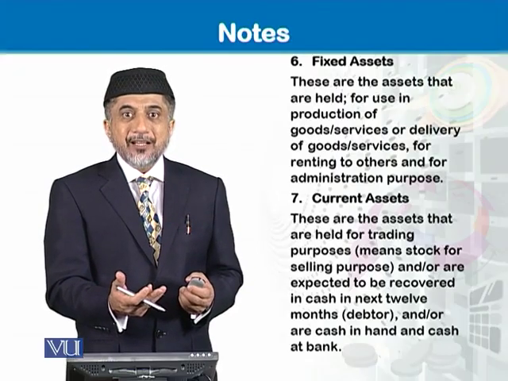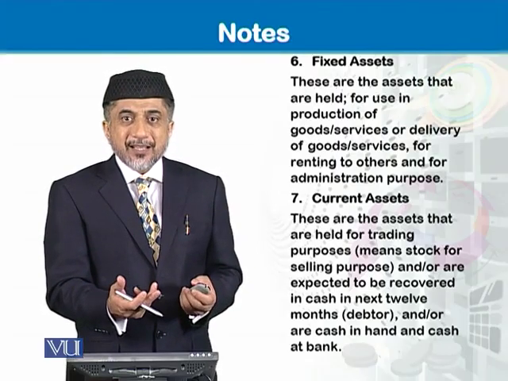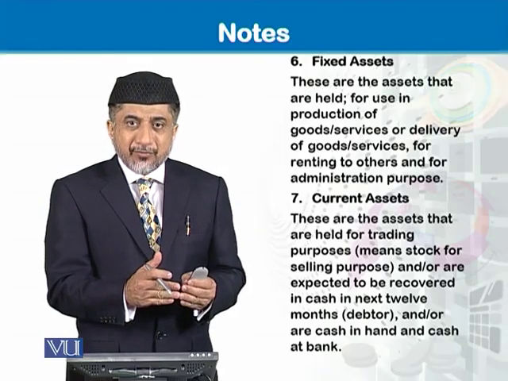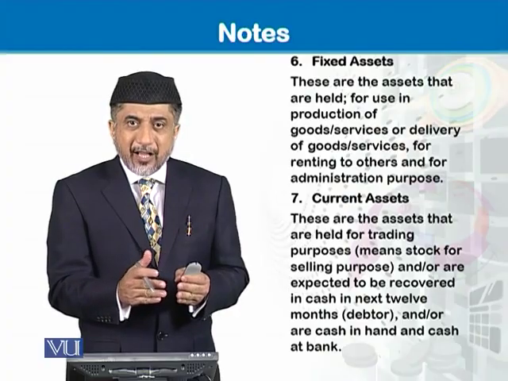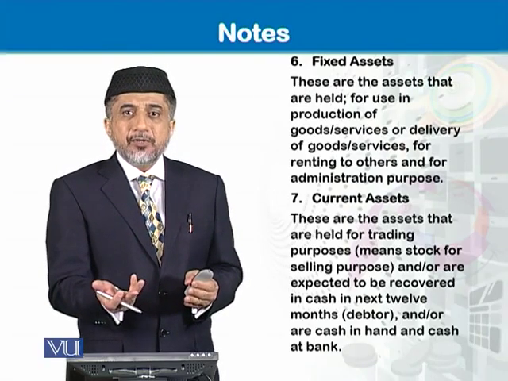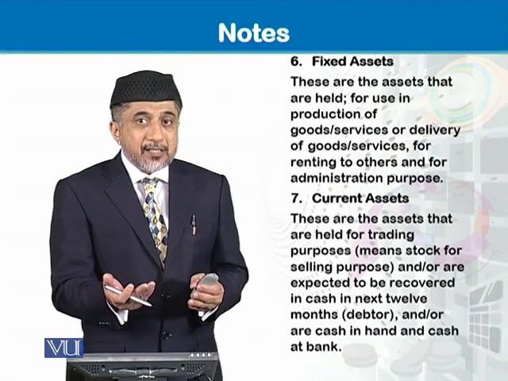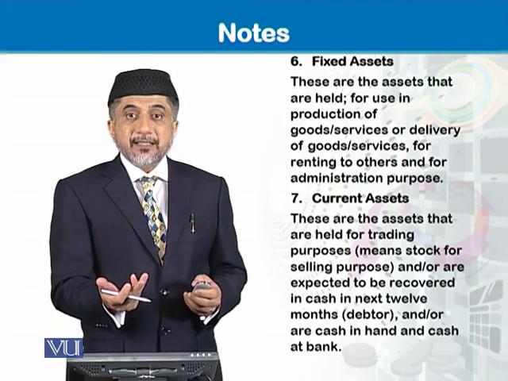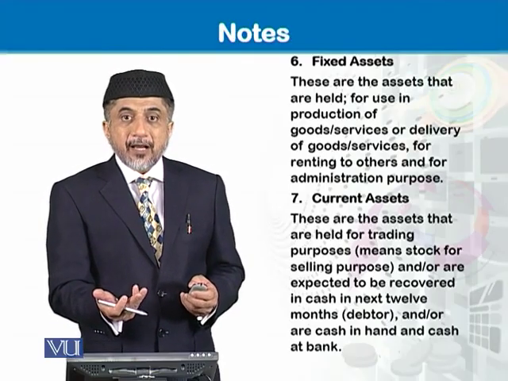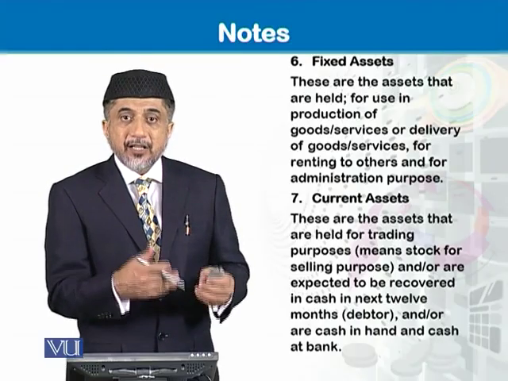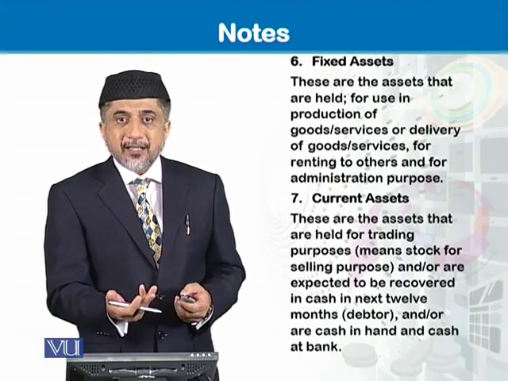Stock will be held for a few days or a few months, and soon after we enter the next year, in a day or two, that stock would be sold. So stock is a current asset. Then receivables, debtors, are current assets. Balance in the bank is a current asset, as it frequently changes. And cash in hand is a current asset.